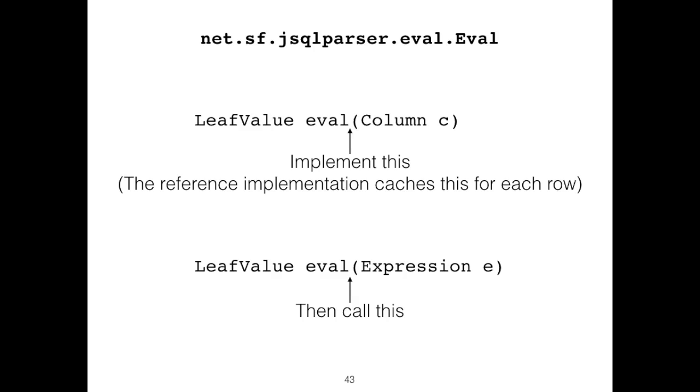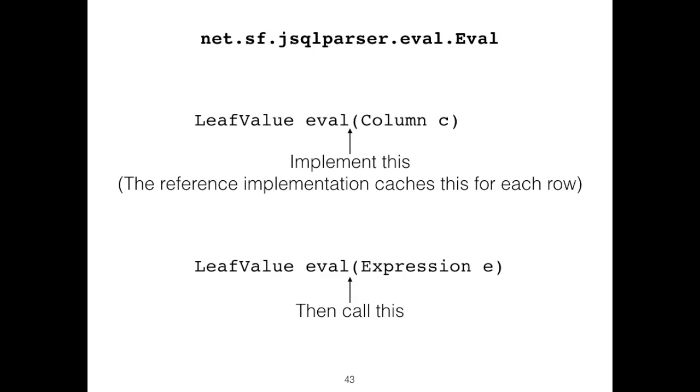Now, there's one tricky bit in this, which is columns, which represent inputs from the projection's input or the selection's input, which represent attributes in the input. The evaluator has no clue what a column should evaluate to, and nor should it.